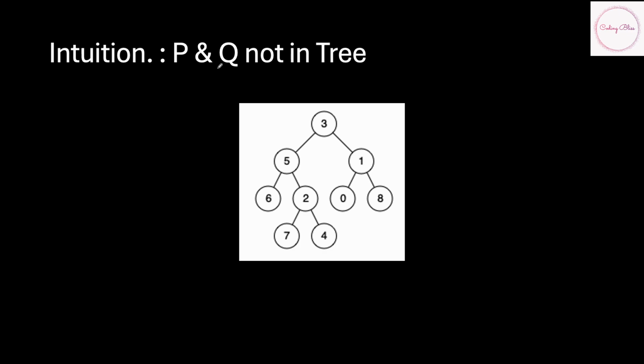Now the other case is where P and Q are not in the tree. If they are not in the tree, it will go to all the nodes. This will return null. It will come here, this will go here, and this will again return null. Same here, this also will return null.